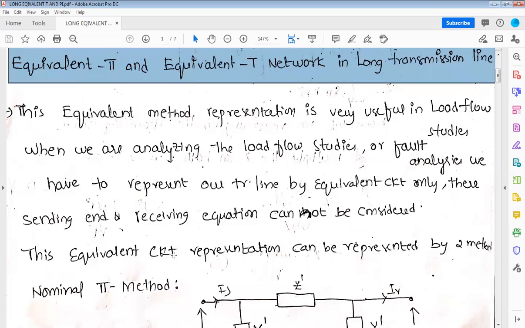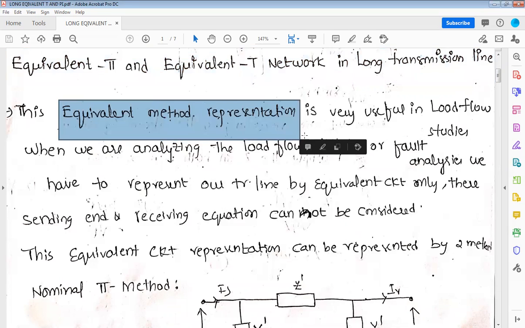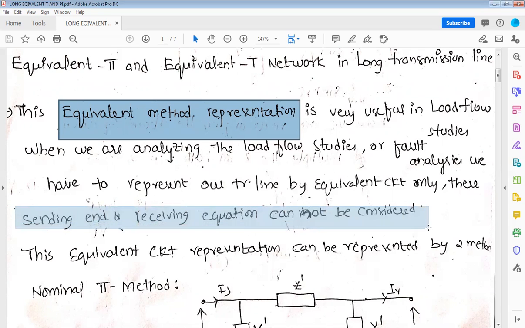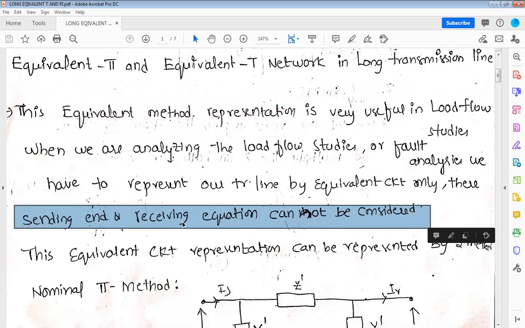To solve those problems, we use only the equivalent circuit representation, in load flow studies and in fault analysis, where we do not consider the sending end and receiving end voltage equations as references, right?